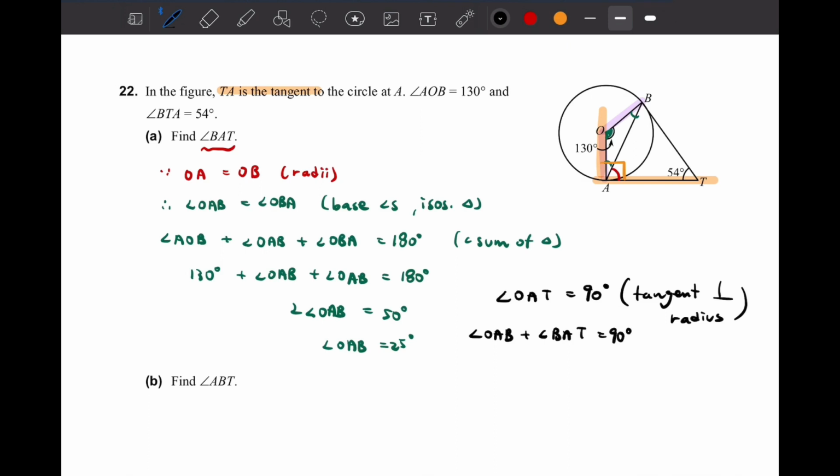So angle OAB adding your BAT will be 90. And we've just found that OAB is 25 degree. So therefore, angle BAT is 65 degree.